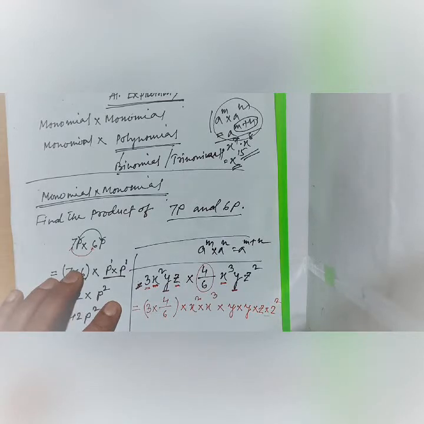This gives you 2. After that, you will use the law of exponents: x to the power 2 plus 3 gives x to the power 5, y with power 1 gives y, and z, 1 plus 2, gives z cube. So ultimately we got 2x to the power 5 y square z cube. This is the final answer.